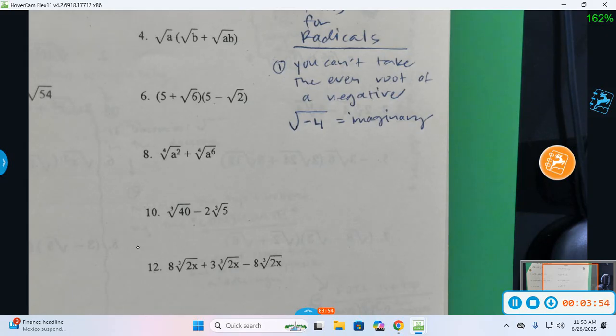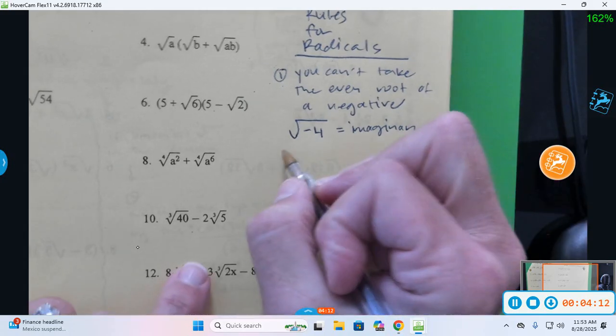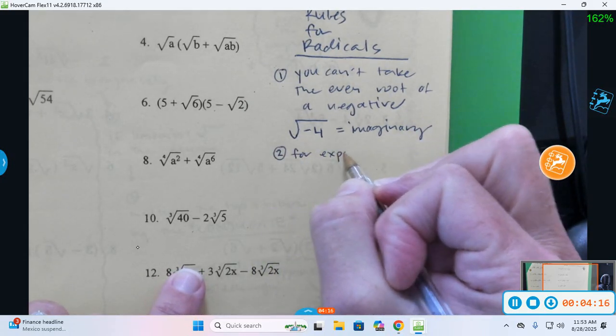I said I was going to give you 3 rules, but I think I might can do it in 2. All right, let's do it in 2 rules instead of 3. So rule number 2. Rule number 2. For exponents.